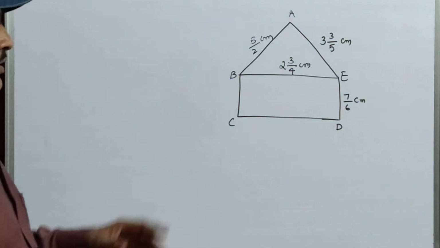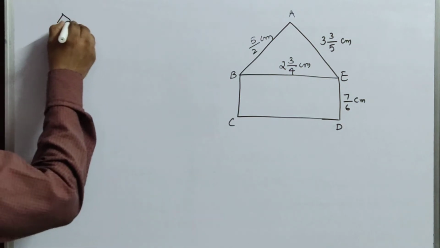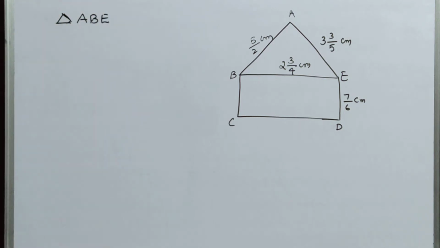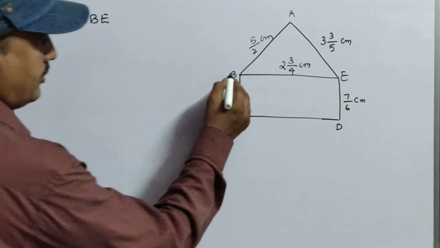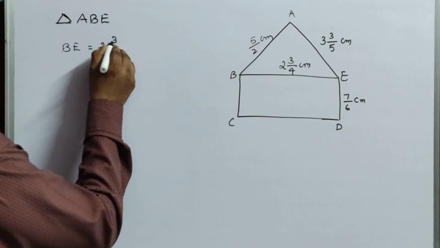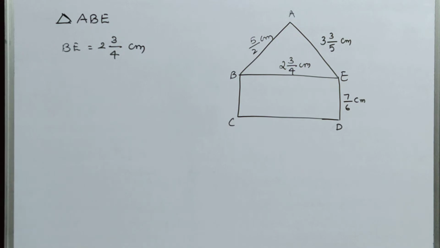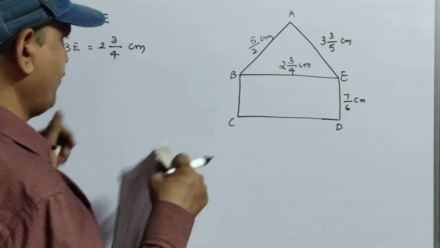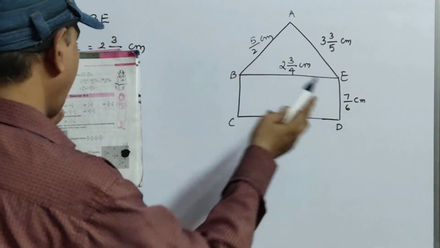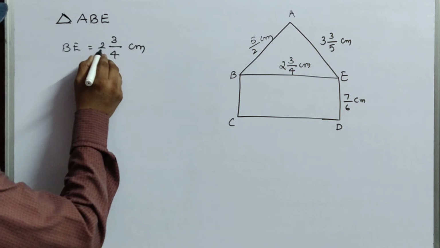Okay. Now, if you observe clearly, this is triangle ABE. BE, how much is BE given? BE equals 2 3 by 4 centimeters. Okay, shall I check once whether the given units are correct or not? Here 4 twos are 8, 8 plus 3 is 11.